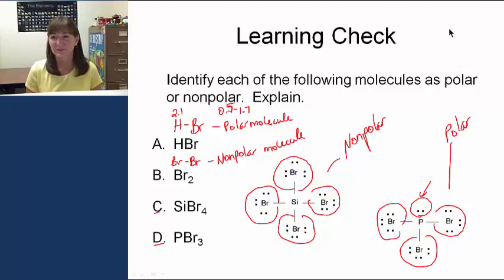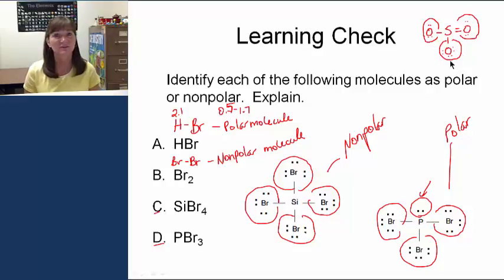Okay, I want to give you just one more here, a quick word of warning. If I gave you the Lewis dot structure for sulfur trioxide, and you circle the sulfur surrounded by 3 things, and then I ask you, are the 3 things identical, I want you to say yes.